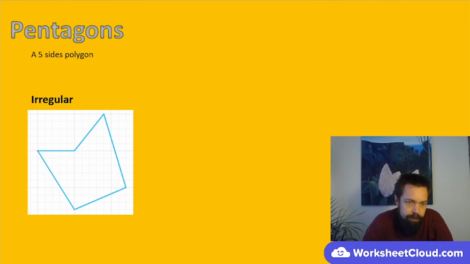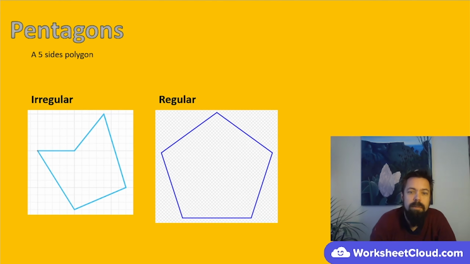Any polygon that has 5 sides is a pentagon, even if it looks a little odd. If you want to name it properly, then we would say this is an irregular pentagon, because it's not what we normally think of when we say the pentagon. That's this one, the regular pentagon. In a regular pentagon, it's a polygon with 5 sides, and all of the sides are the same, and all of the angles are the same.